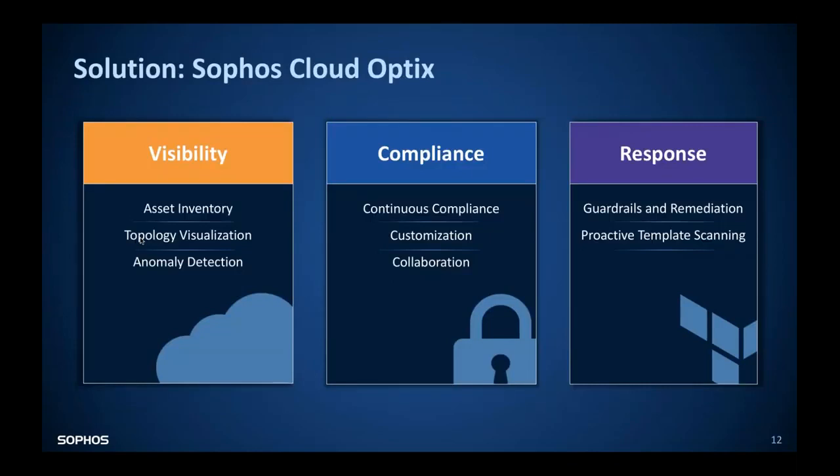Optix helps, and you can think of it in 3 different pillars: visibility, continuous compliance, and response capabilities. We'll look at the demo a little more, but when we talk about visibility, we're talking about asset inventory, helping somebody understand what's out there. I can tell you from my own experience, I manage a number of different cloud accounts at Sophos. We're a big cloud user.